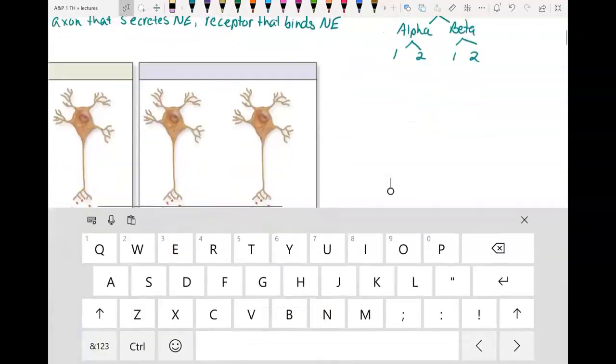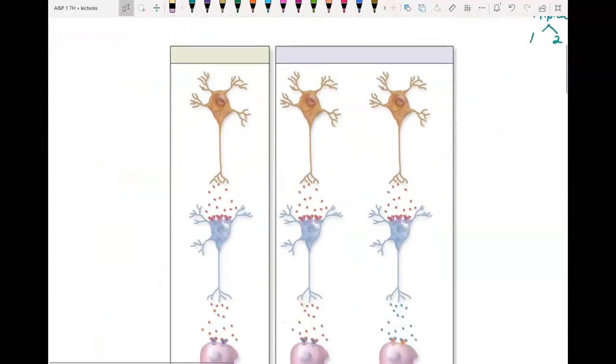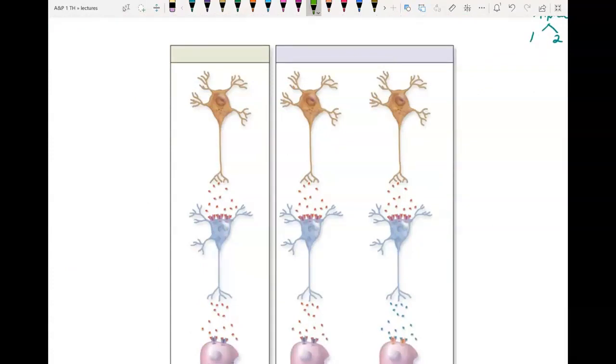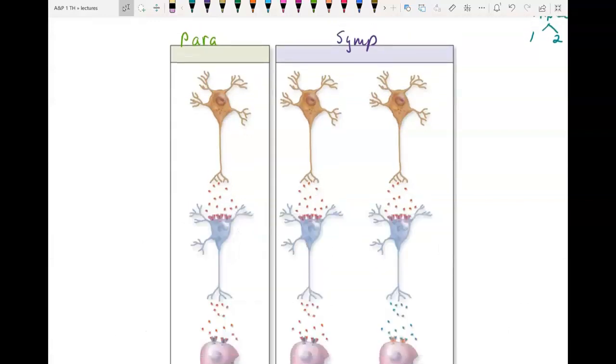Now we're ready to start looking at the two divisions and which neurotransmitters and receptors they have. So this is our parasympathetic column. This is our sympathetic. Okay, here's our preganglionic and ganglionic neurons. So the brown ones up here are the preganglionic neurons. So these cell bodies would be in the CNS.